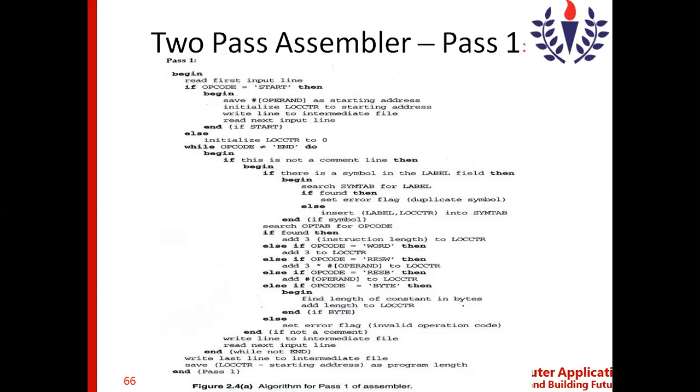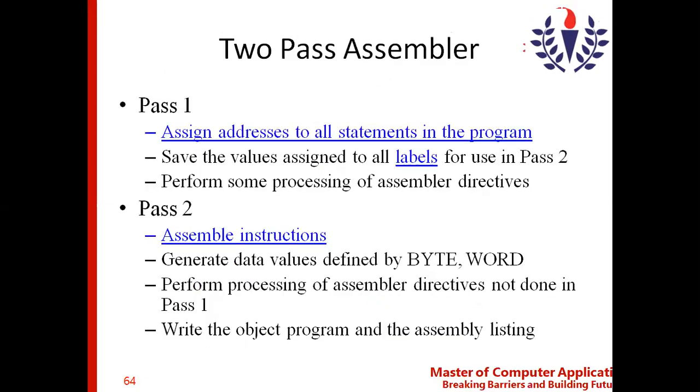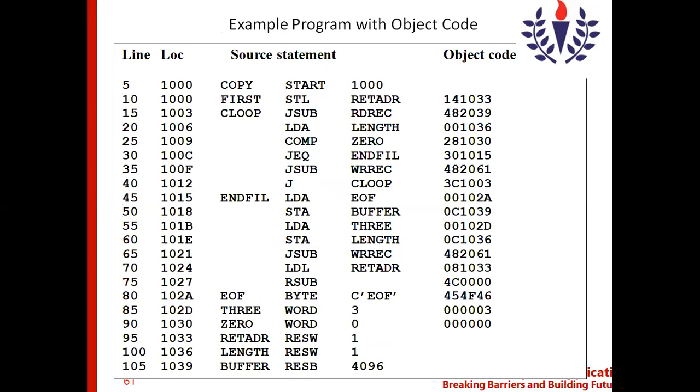The next case is if the opcode is equal to BYTE. Let me show the same program. Just refer to line number 80. Here the opcode is equal to BYTE. And what is the operand we have? The character constant C'EOF'. So how many characters do we have? 3 characters.